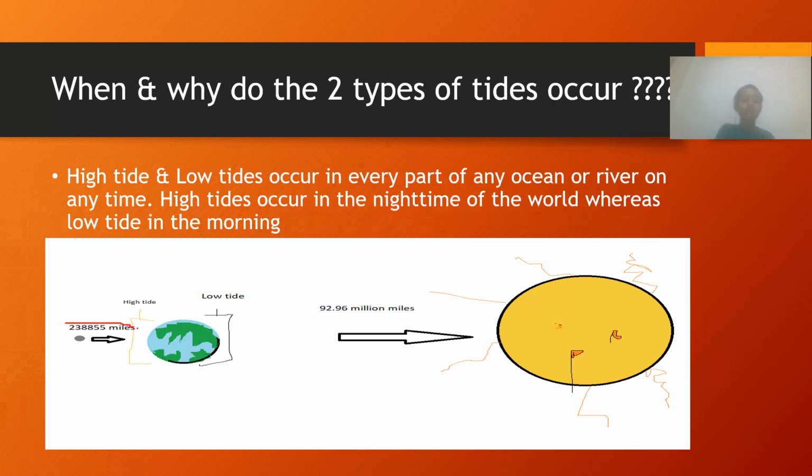That's a big amount. So you must be understanding why the sun causes low tides and the moon causes high tides.